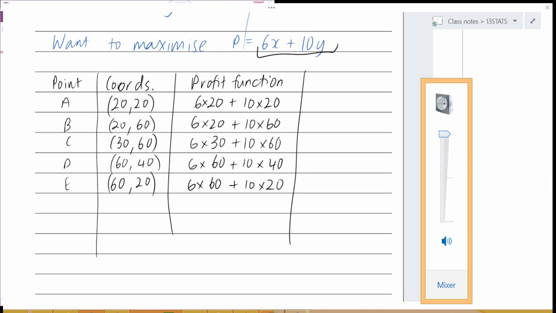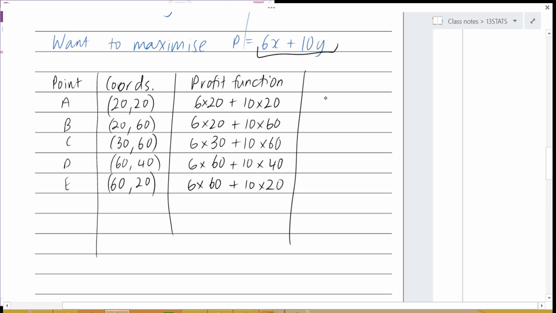So here, for 20, 20 we get $320, and for 20, 60 we get, what's that? Well, hang on, I'll do 30, 60 first, that's 780. 20, 60 is 720.